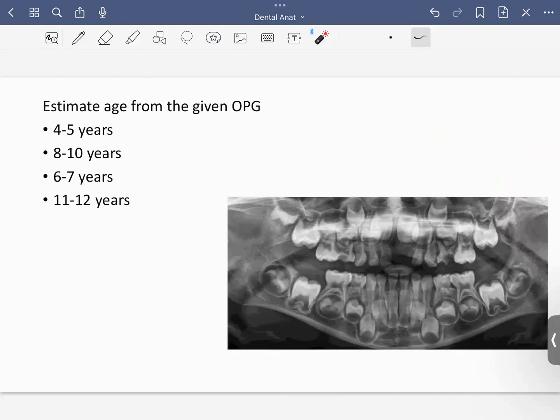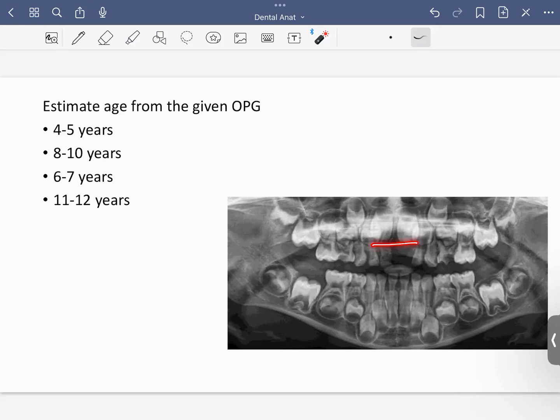Okay, now the same can be asked in the form of an OPG also. So 4 to 5 years. Why 4 to 5 years? Because all deciduous roots are still present, and the crowns of the permanent central incisors are completed without roots.